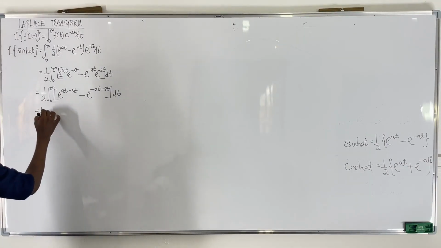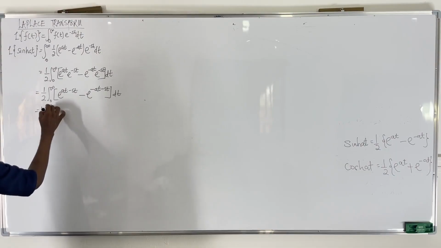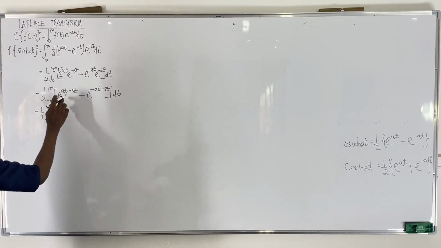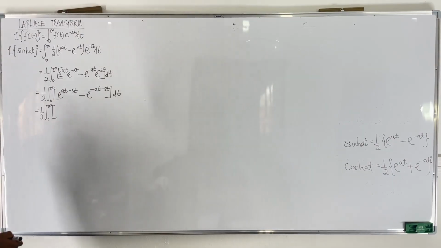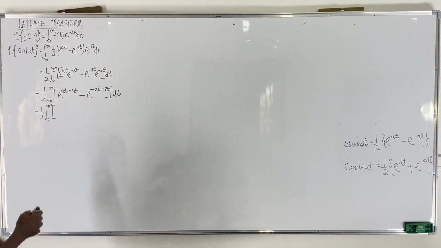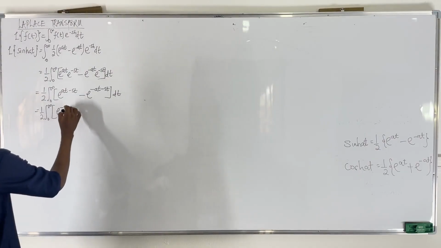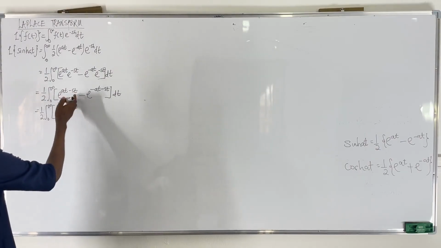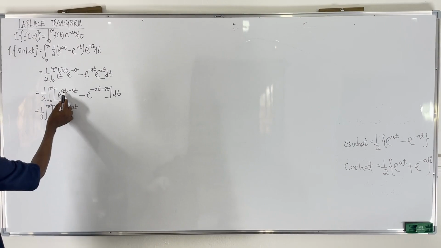Now this is half integral from 0 to infinity. For convenience, I want the minus st to be first, so this will be e to the minus st plus at. It's still the same thing because the at is positive.